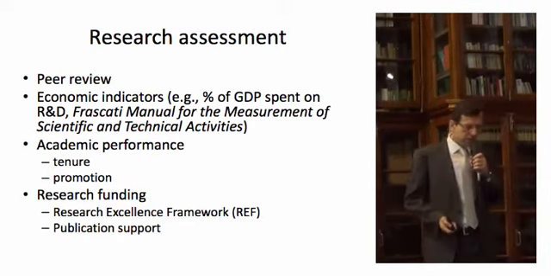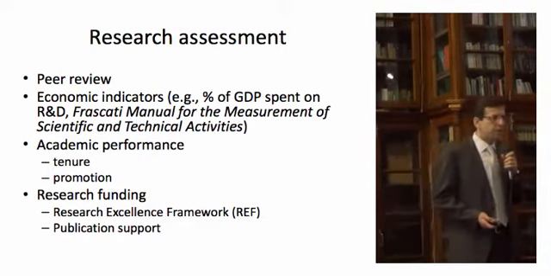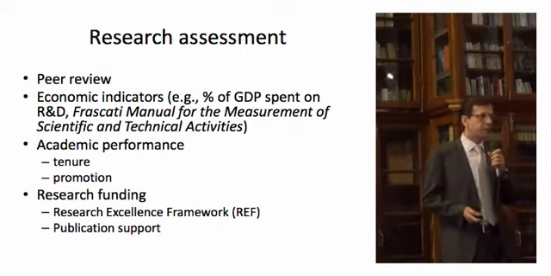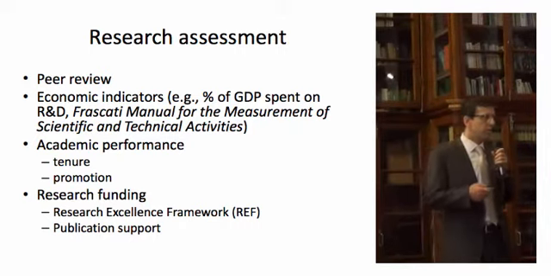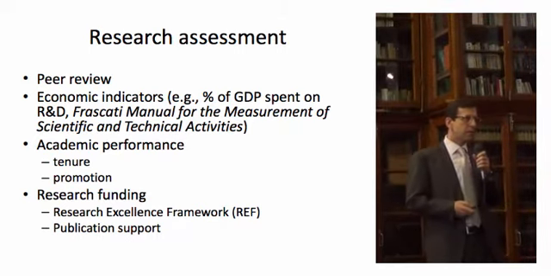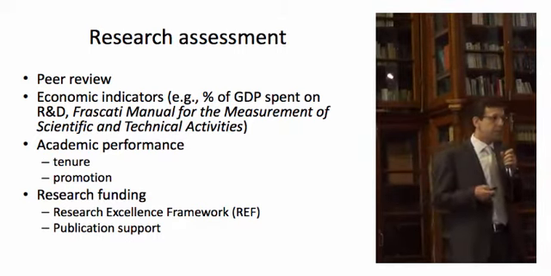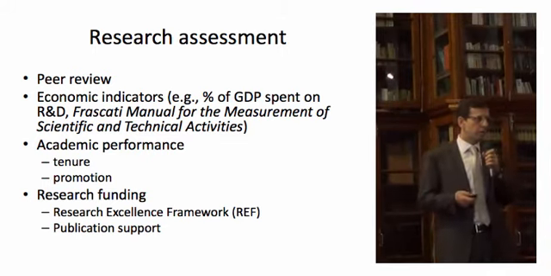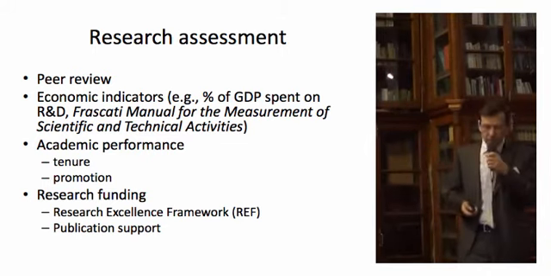Now, research assessment has been based on what's called peer review. In other words, the works of scientists and researchers get evaluated by their peers. This has been going on for quite a long time.